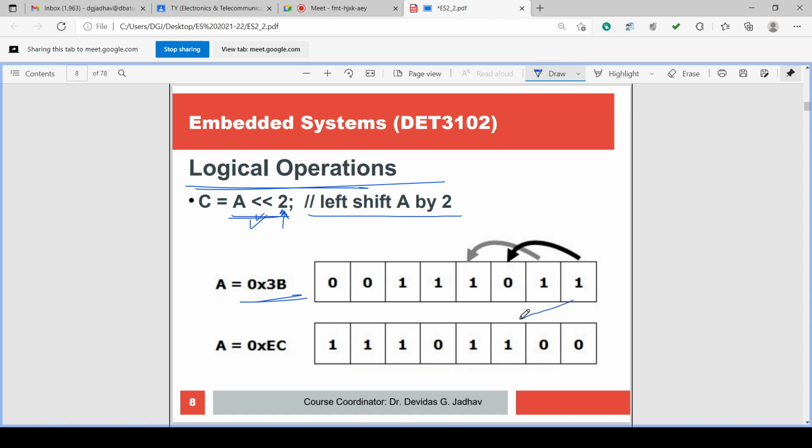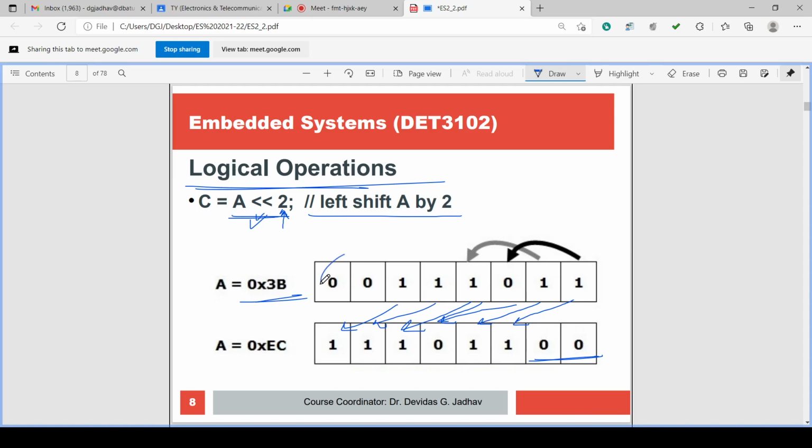So this bit goes 2 times left here. Sorry, this 0, this 0 goes 2 times left here. This 1 goes 2 times left here. 1 is here, 1 is here. What about this? These empty spaces are filled with 0.